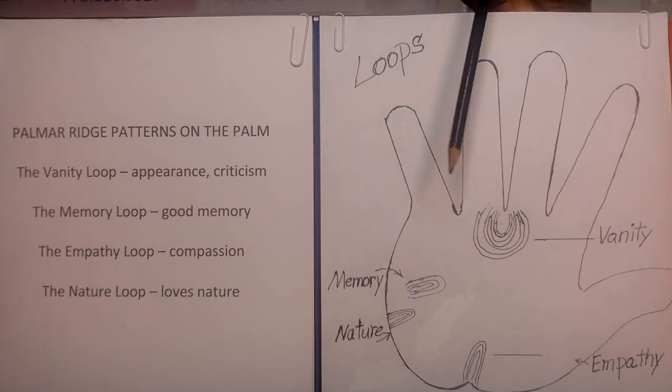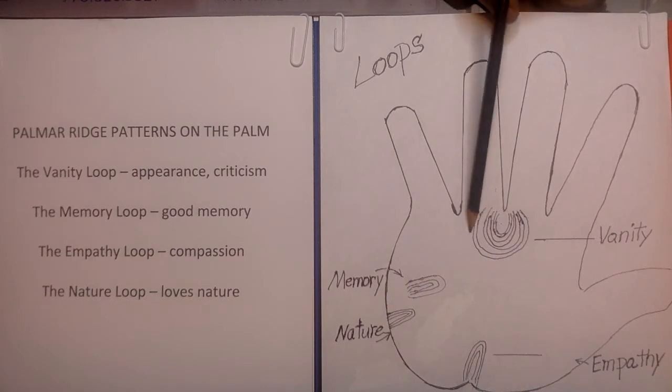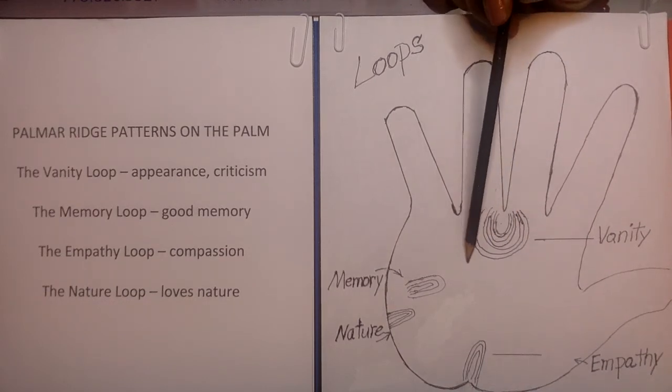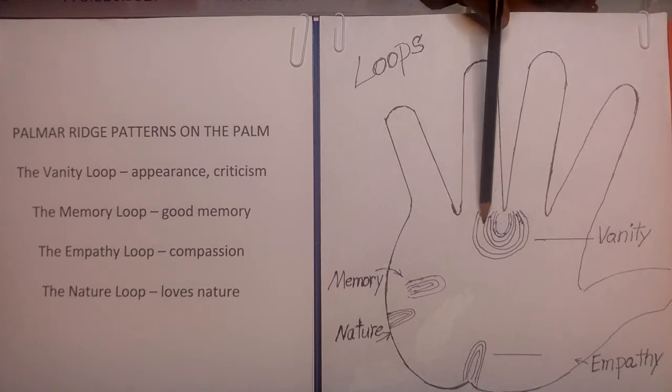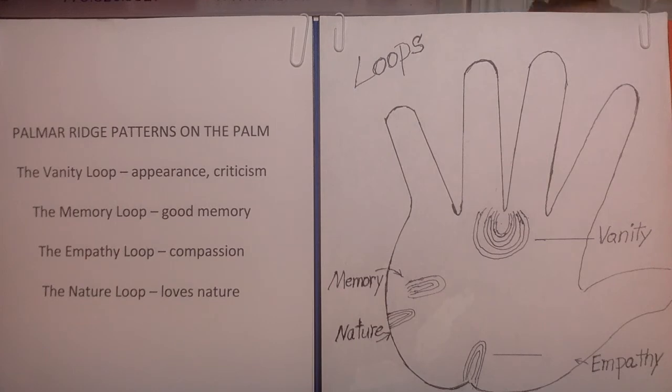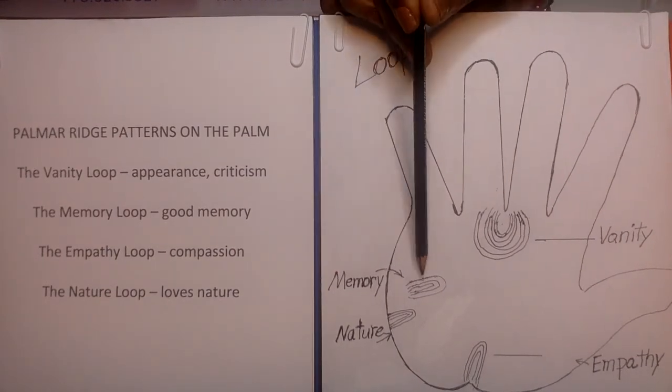If that sign is there, seems to imply that 2 of the characteristics apply to that person. But only one may apply rather than 2. So it just depends. So if you have that and it's large and you have those characteristics, well, then you understand what it is. Let's go on to the next one, memory loop.